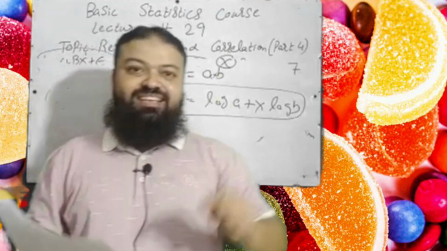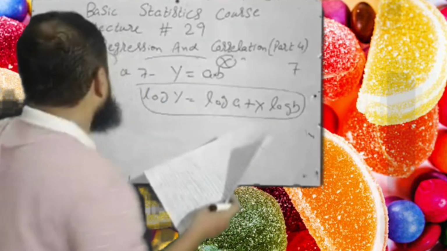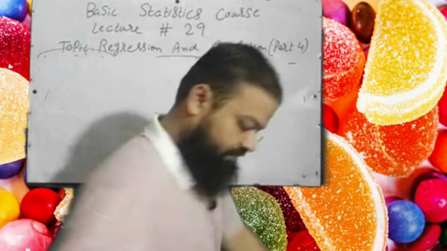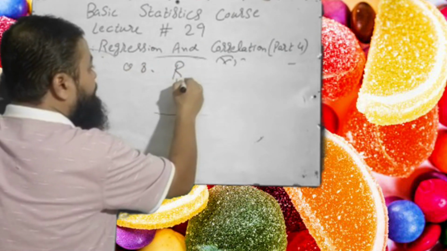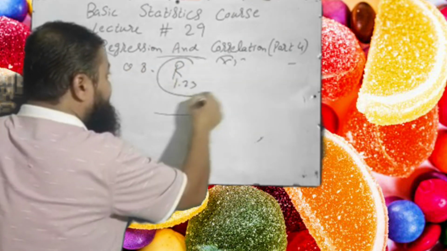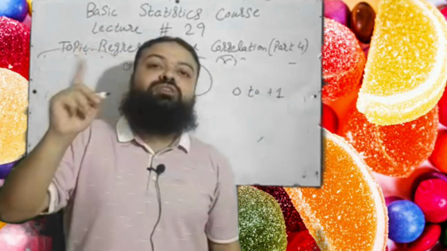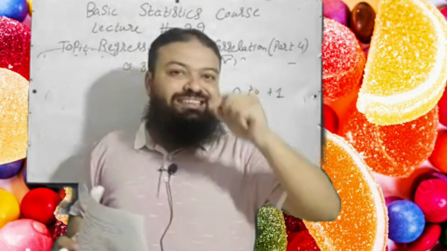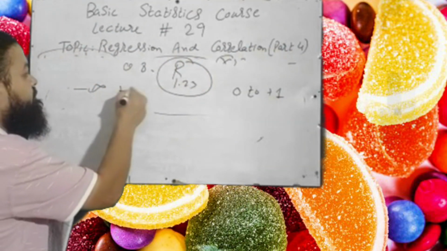Question number 8. The range of multiple correlation coefficient, capital R 1.23. The range of multiple correlation coefficient is always 0 to plus 1. A very important question. If they ask what is the range of the regression coefficient, that will be minus infinity to plus infinity.